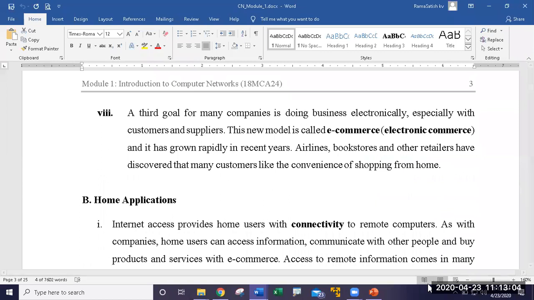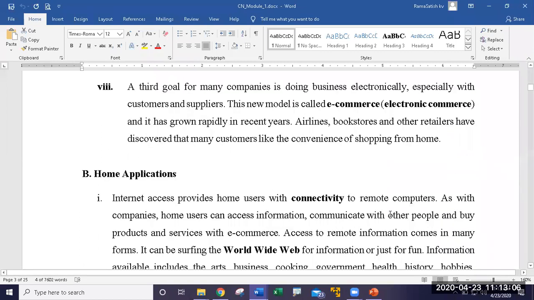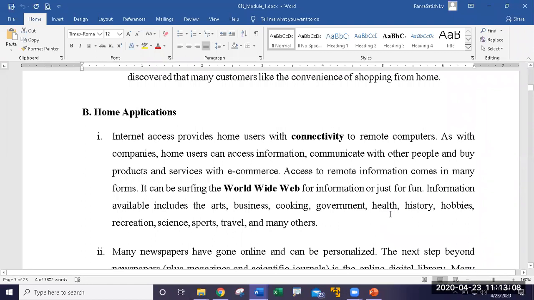Coming to the home applications, the main job of home applications is connectivity. You want to connect your TV to the internet and watch a YouTube channel or Netflix or Amazon Prime. Not only that, I want to connect my TV to my mobile, to my computer, or my mobile to my printer.